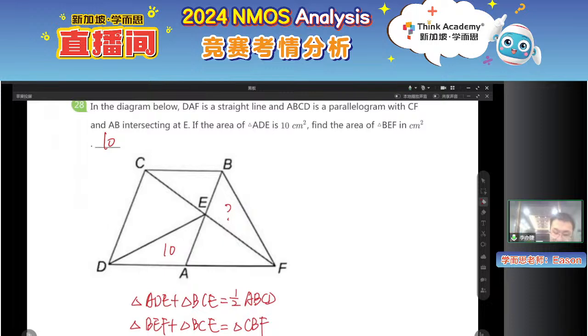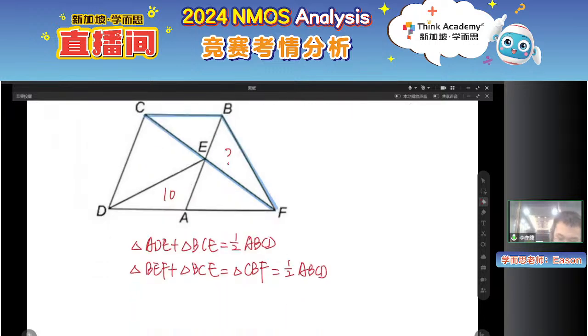In CBF, the base is also the parallel base, and the height is the parallelogram's height, so this is also half of the ABCD. So now they are equal. We cancel the common part, so these two must be equal. The answer is 10.